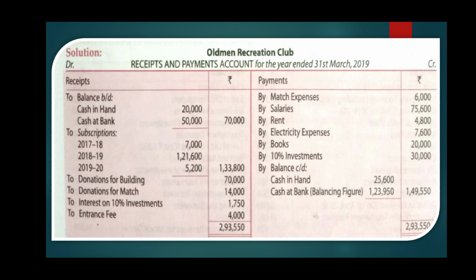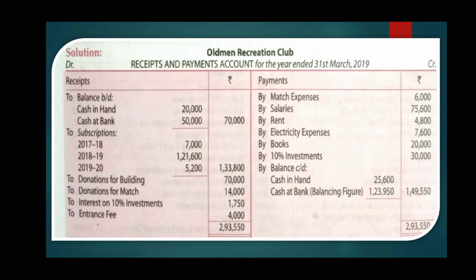We will write the name of the trust, Oldman Recreation Club, and the account is receipt and payment account for the year ended 31st March 2019.